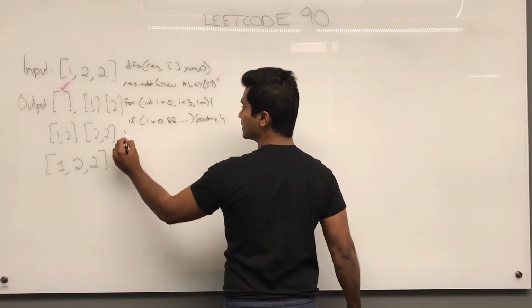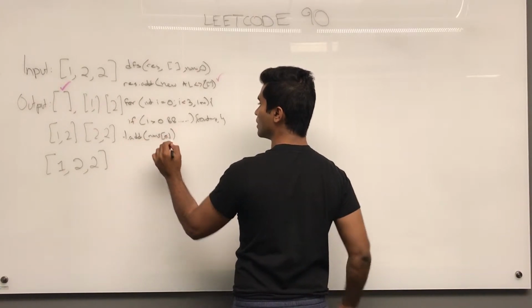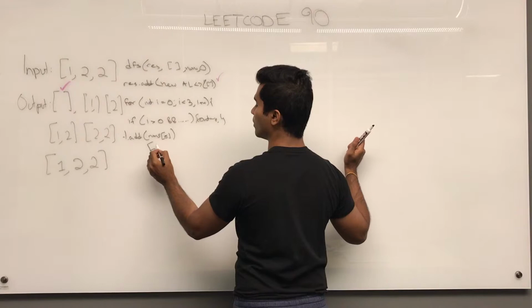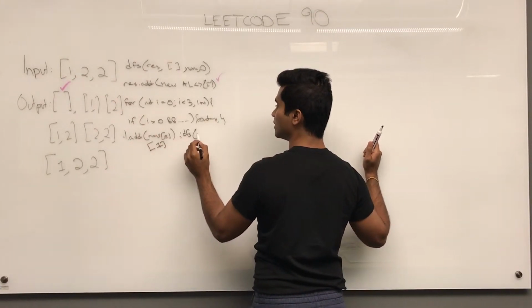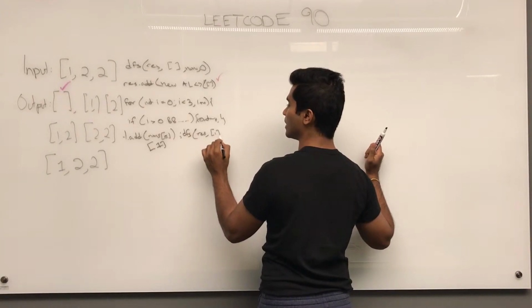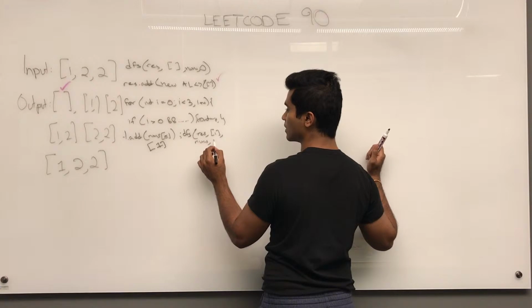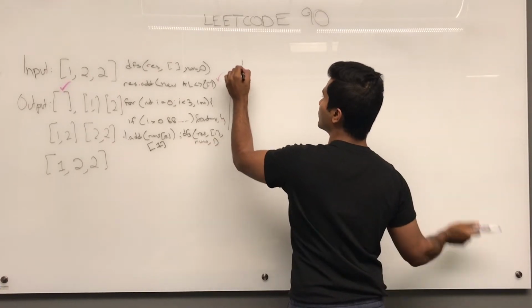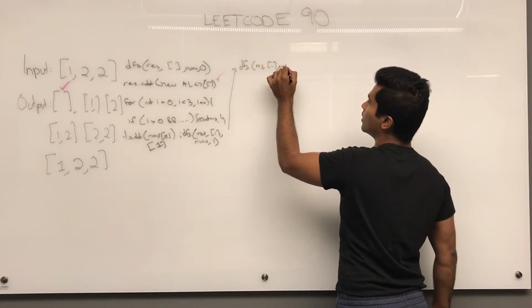And then t.add nums of 0, which is going to be 1, coming from there. Then we do dfs res, pass in the newly added 1, then nums, and then i plus 1, which is going to be 1. Recursively we get called here, dfs res 1 nums 1.